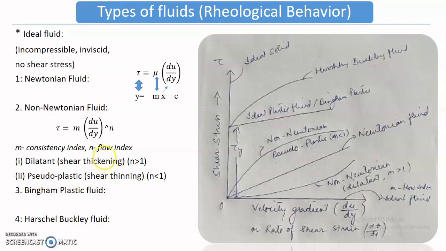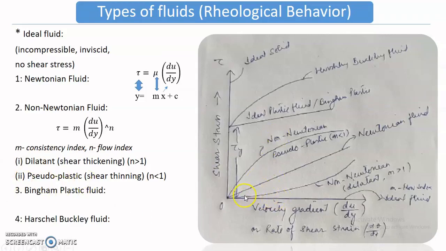That means in case of a dilatant fluid, when we apply some shear force on the fluid, the viscosity increases. Example, you can take starch solution. When you rotate it, giving it shear force, the solution becomes thicker. If we try to plot the rheological behavior of this dilatant fluid, you can have a look at this figure here.